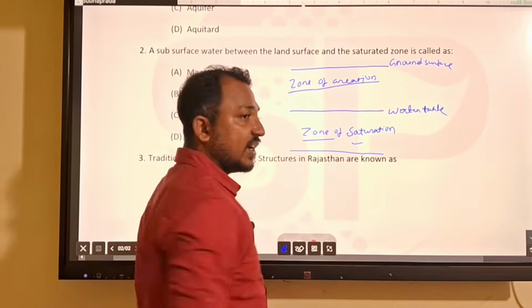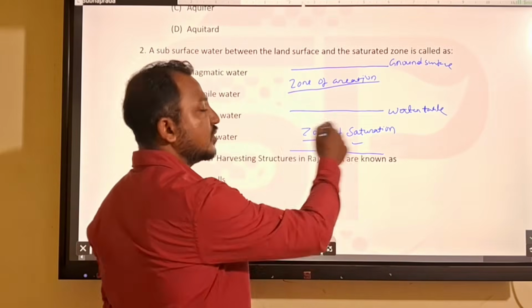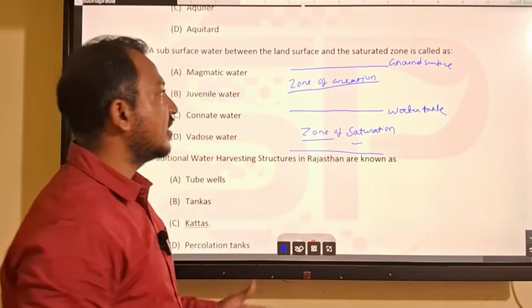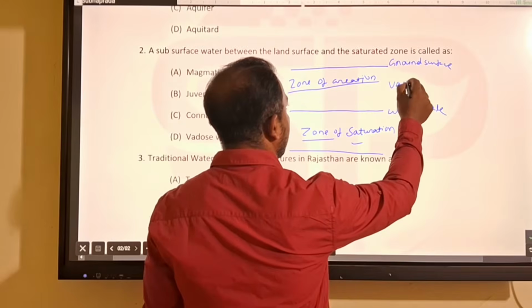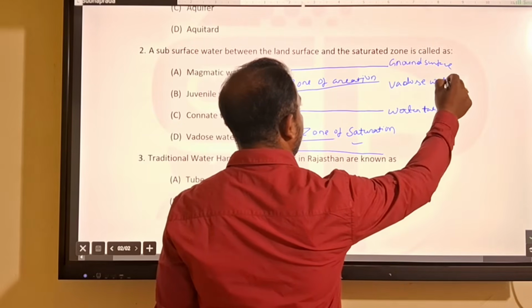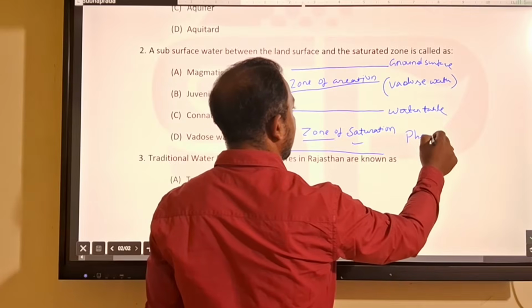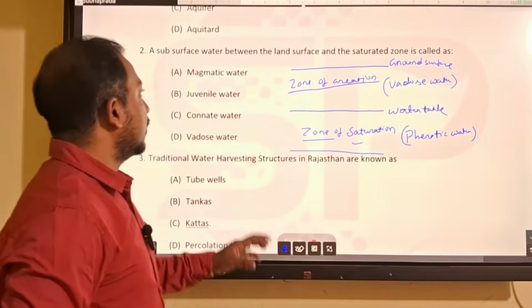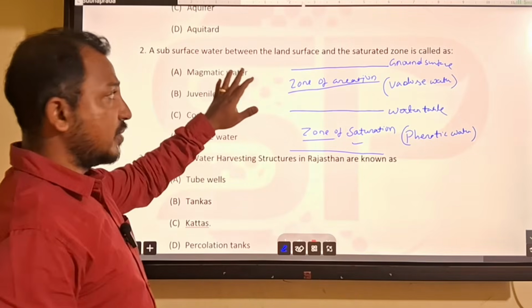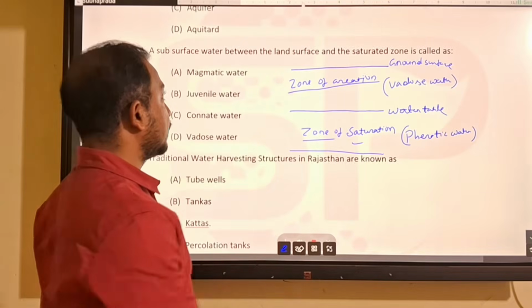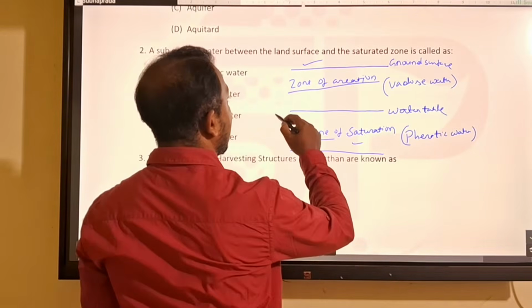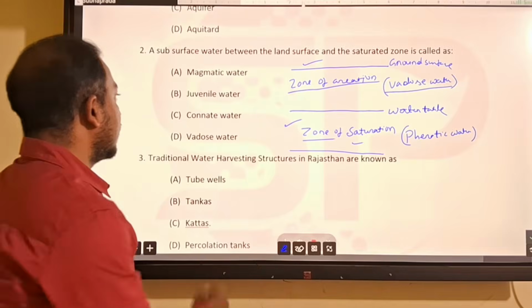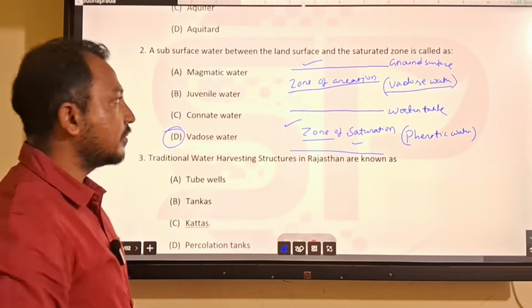The zone of saturation is also called the phreatic zone, and the water available there is phreatic water. The water in the zone of aeration, where pores are partially filled, is called vadose water. It is given subsurface water, meaning water present below the surface between the land surface and the saturated zone. It will be the zone of aeration, and the water is called vadose water. So the answer will be D, vadose water.